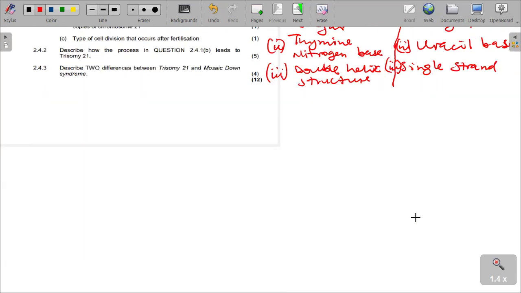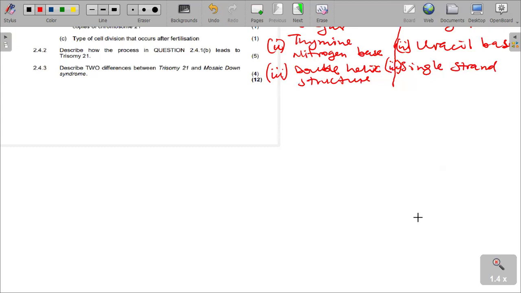If we look further into that, just to make it clear, I'm sure you understand that the structures of these nucleic acids are different: one is a double helix and the other is a single strand.